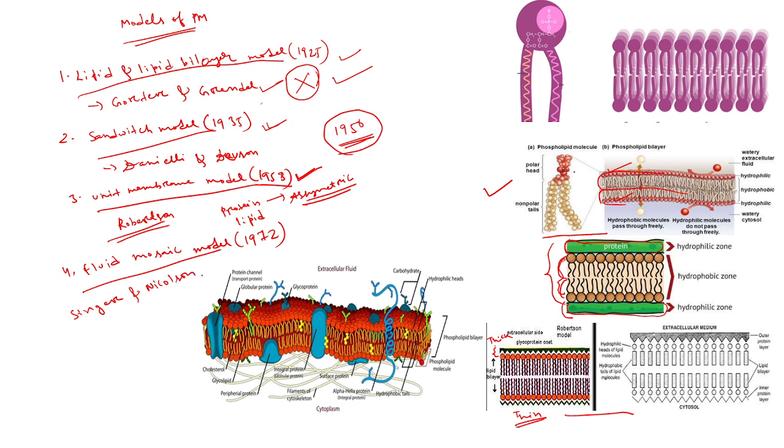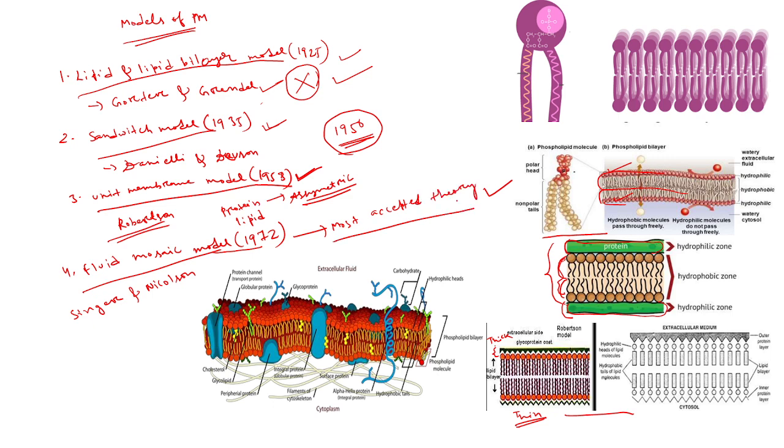Okay. So please note that the fluid mosaic model, which was discovered in 1972, is the most accepted theory of the plasma membrane.